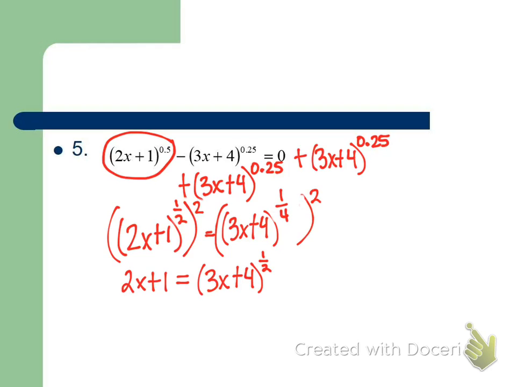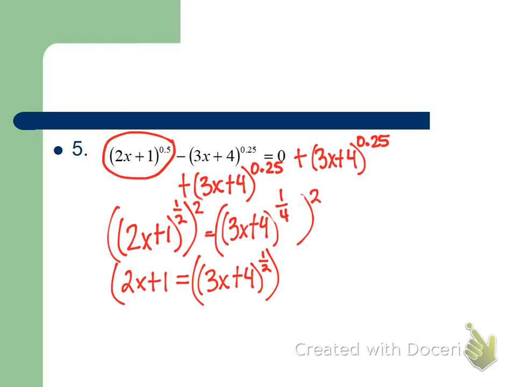Does it look like we're ready to get x alone yet? Why not? We still got those parentheses with a fraction as an exponent. So what do you think we have to do to both sides now? Not multiply by 2. Square both sides. If we still have a fraction as an exponent, we kind of have to loop back and do that same step over.